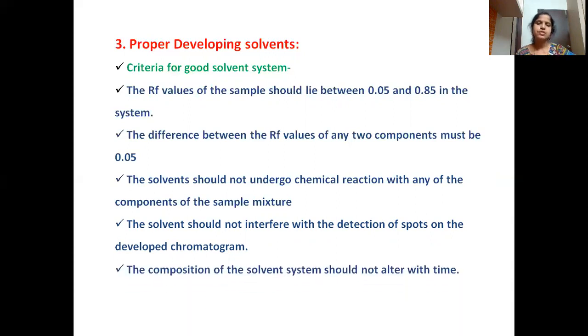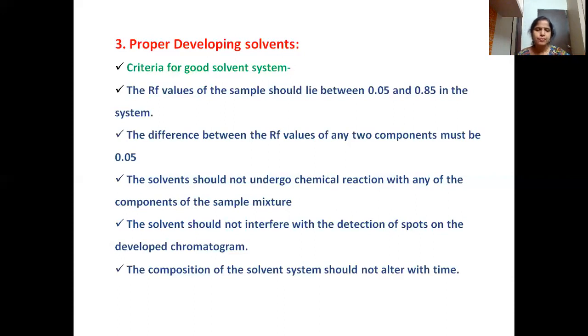The composition of the solvent system should not alter with time. In some cases, we can take a single solvent or we can take a mixture of solvents. When you take a mixture of solvents in equal ratio, or it may be a different ratio also, then while performing the experiment you have to see that the ratio of the two solvents does not change with time. Suppose at the start of the chromatogram development it is a 1:1 ratio, then it should remain the same 1:1 composition throughout the entire technique.